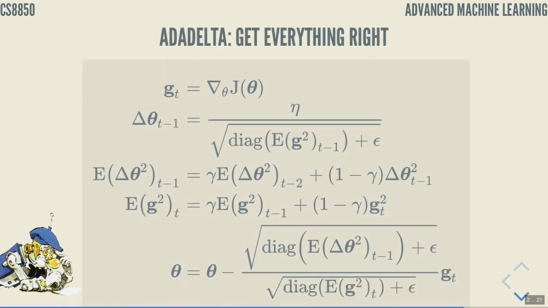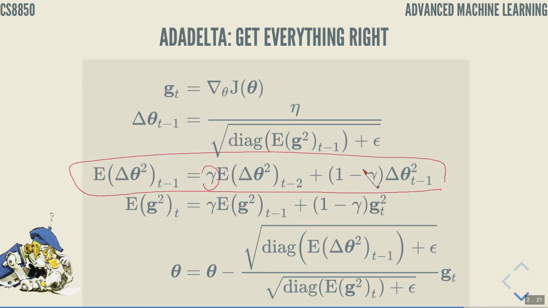And so they went ahead and introduced another factor, also a moving average. So this is the same as RMSprop. Well, actually, it's a question who was first, because Adadelta and RMSprop were discovered simultaneously and independently. But Adadelta added this additional tracking.